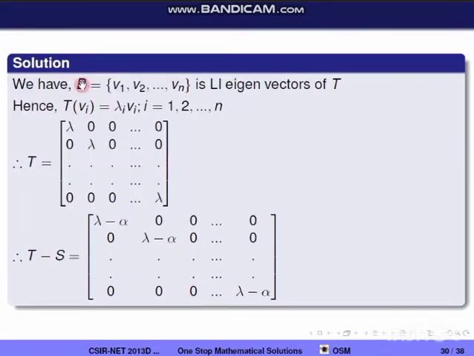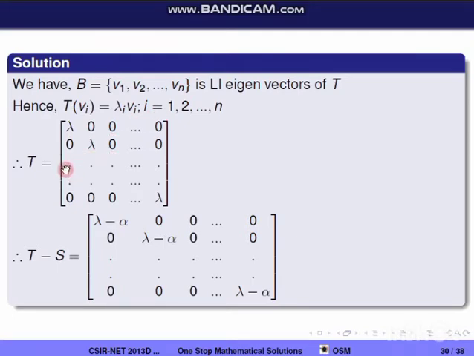Now we have B equal to {v1, v2, etc. up to vn} as the linearly independent eigenvectors of T. Therefore, by definition, T of vi is equal to lambda_i vi, where lambda_i is the corresponding eigenvalue of vi.